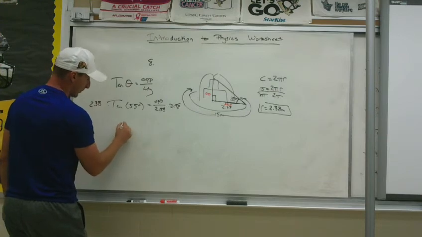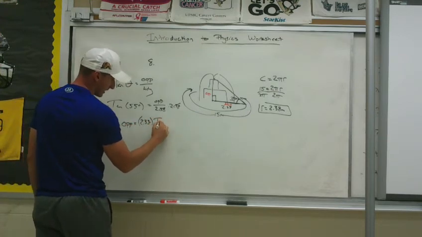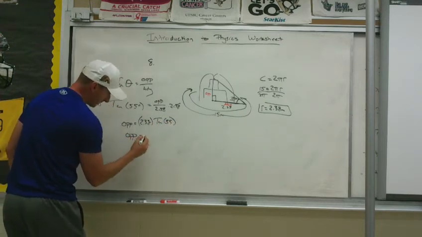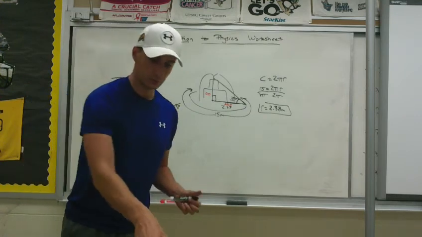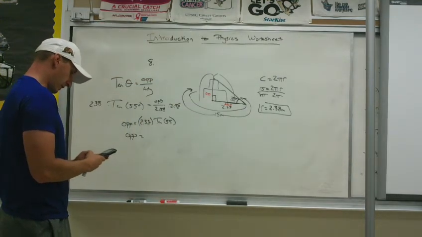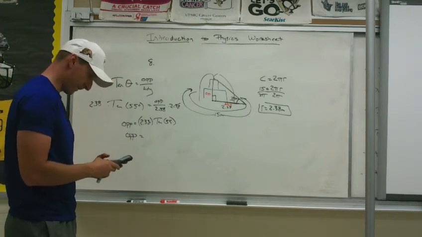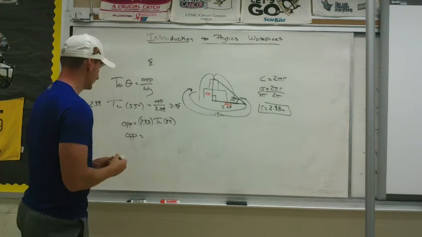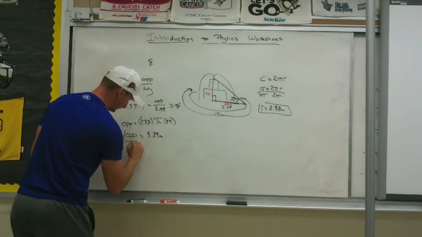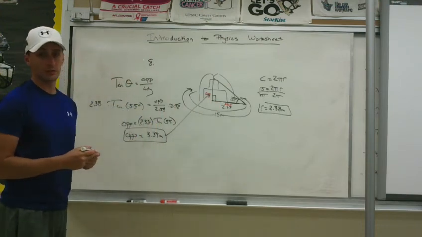I'm left with opposite is equal to 2.38 times the tangent of 55. The opposite side is equal to tangent 55 times 2.38, which is 3.39. Which is that side, which is the height of the water fountain.